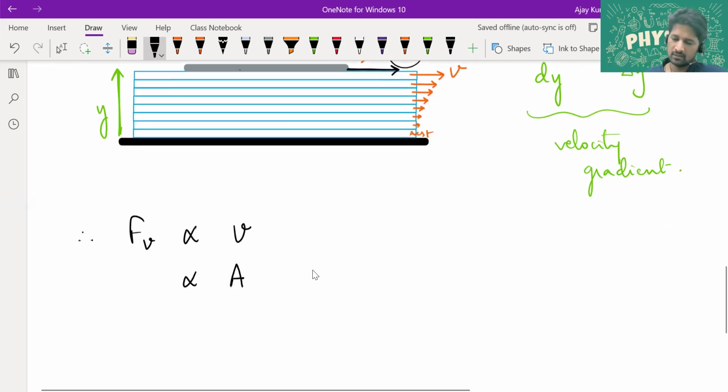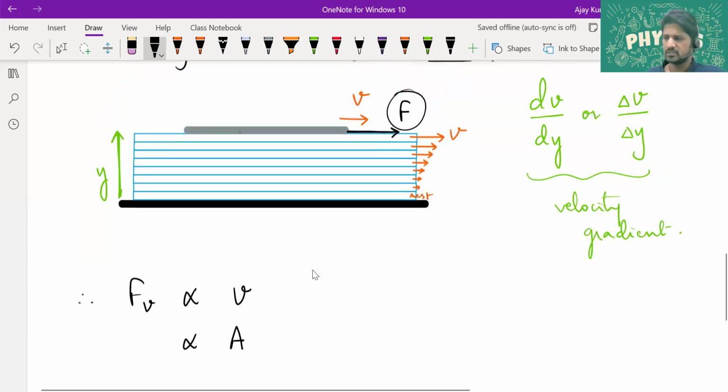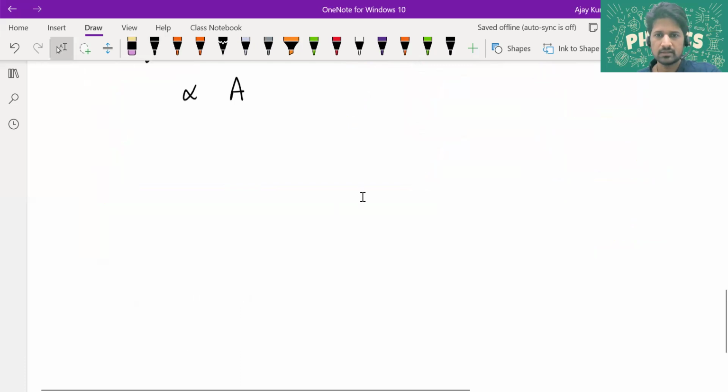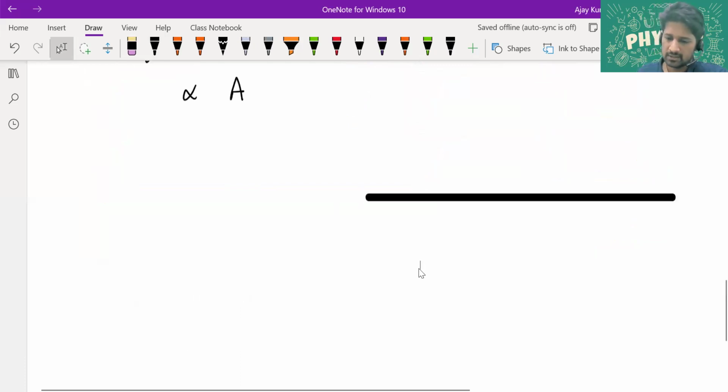Okay. Next, some of you might have observed this. If you spill a few drops of water on a table, consider this as a table surface, imagine a few drops of water spilled here and there, and you put a sheet on it.